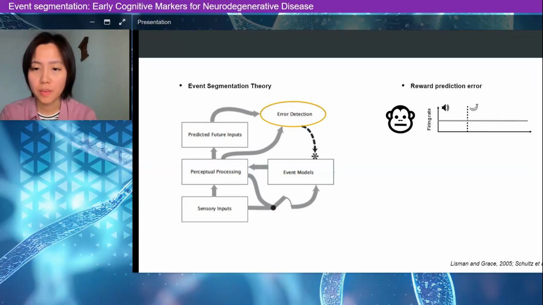In this experiment, they trained the monkey to build an association between a cue and a reward. What they found is that when the monkey can predict the reward, which means the reward was presented following the associated cue, dopamine neurons do not respond very differently.